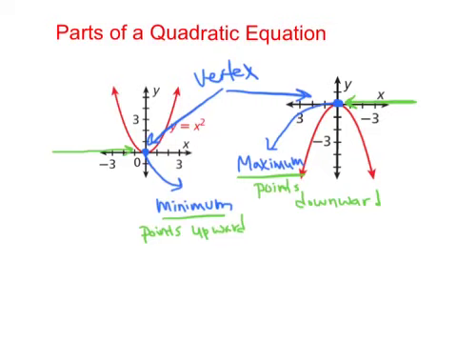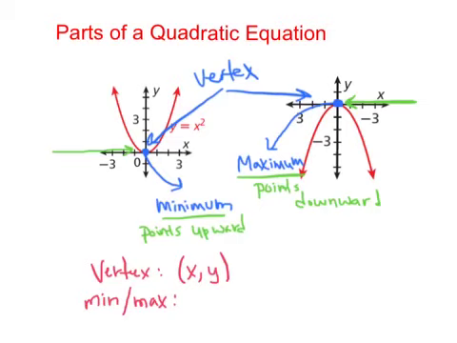The last thing you need to understand is that a vertex is actually an ordered pair. Whenever I ask what the vertex is, you give me the ordered pair of the minimum or the maximum. Then the minimum or maximum is just the y value of that vertex.